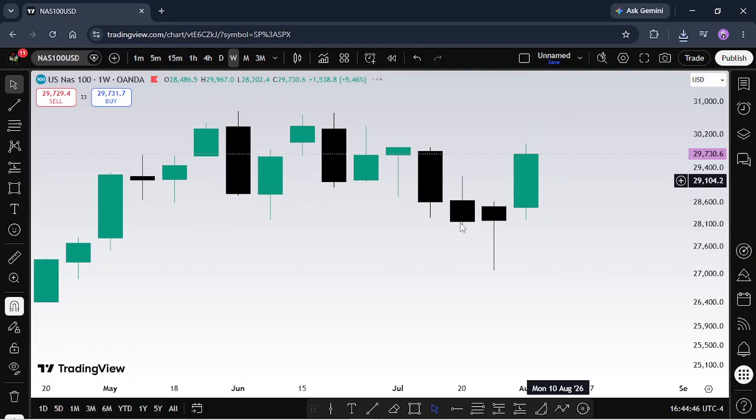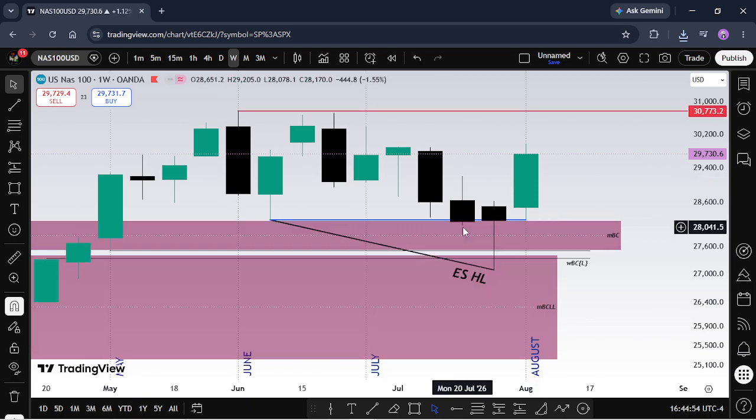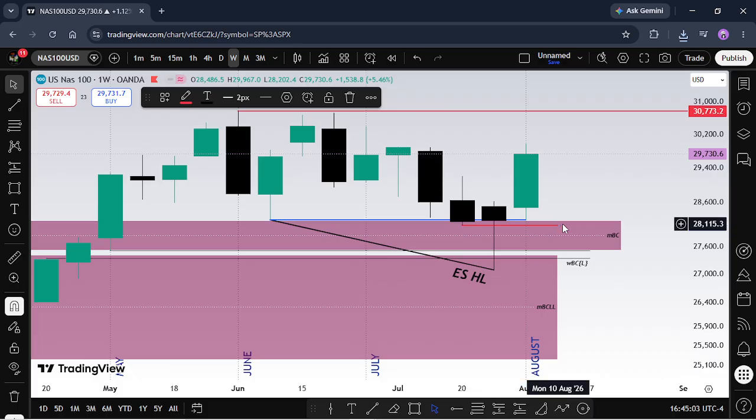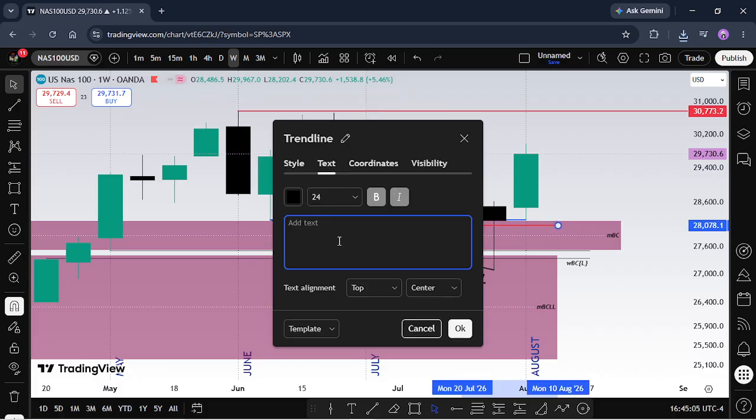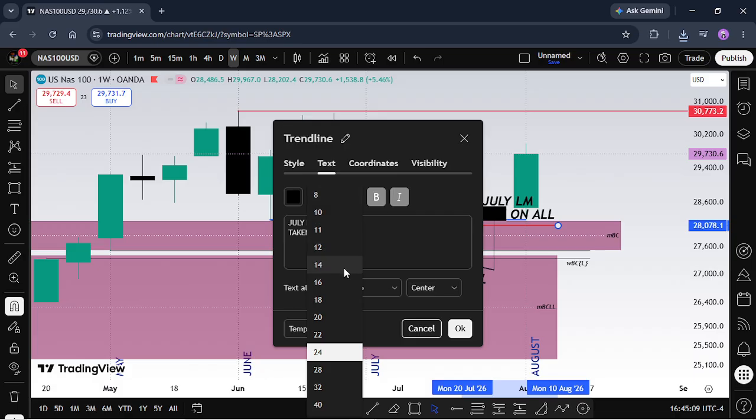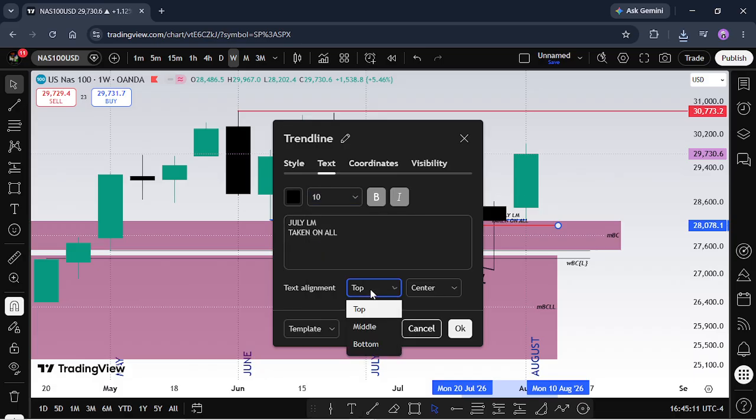So here's the low of July taken. Here, I can put that in. No, that's in the bottom.